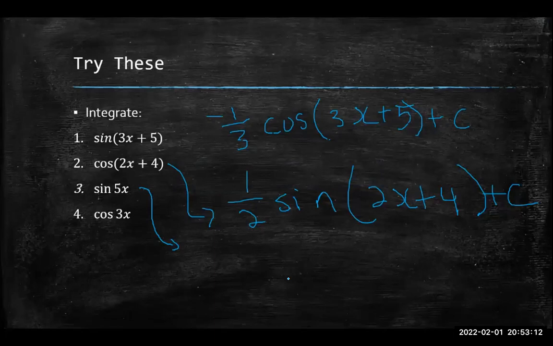Negative 1/5 cosine 5x in brackets plus c. Plus 1. C. Good job. Jana, you're saying minus a fifth cos 5x plus c. You must say minus cos 5x on 5 plus c. So yeah, good job with that.